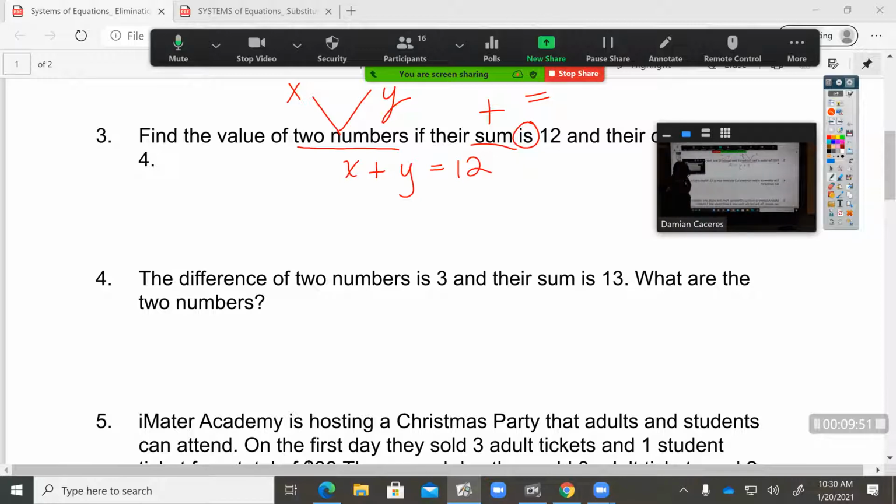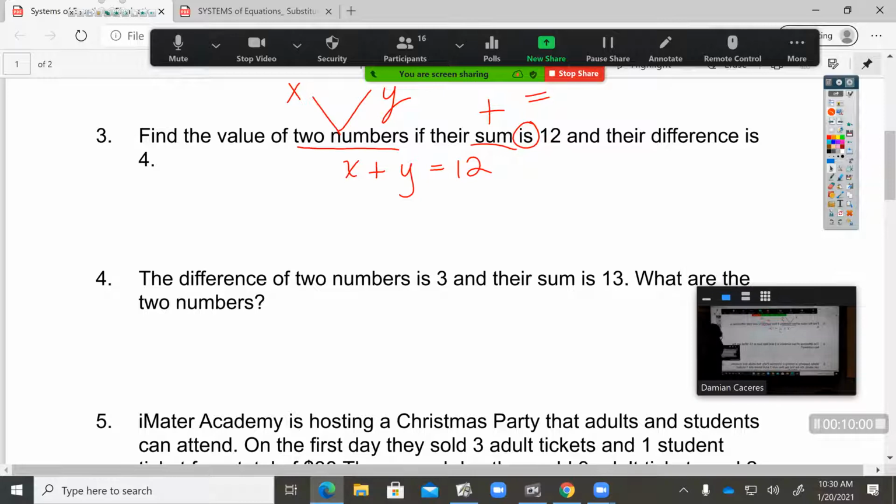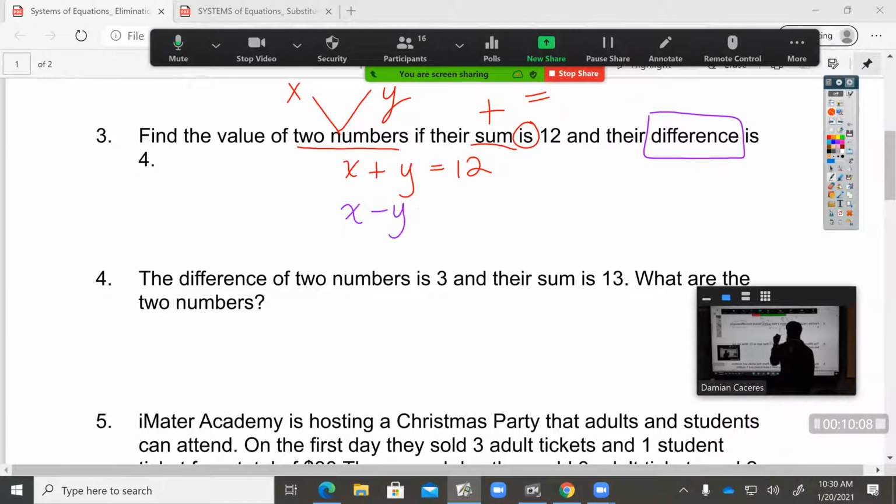Now the second equation is going to be similar, but it says difference instead of sum. Difference means minus, so we're going to put x minus y equals 4. Now we have two equations.